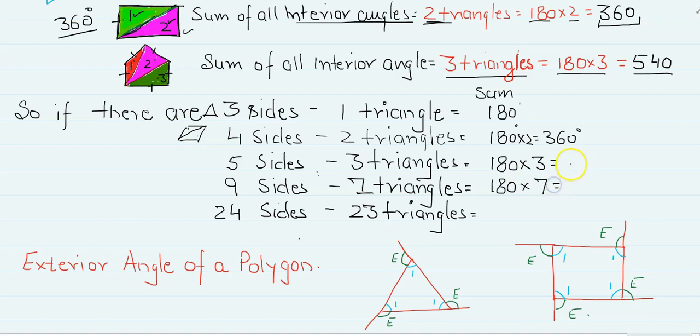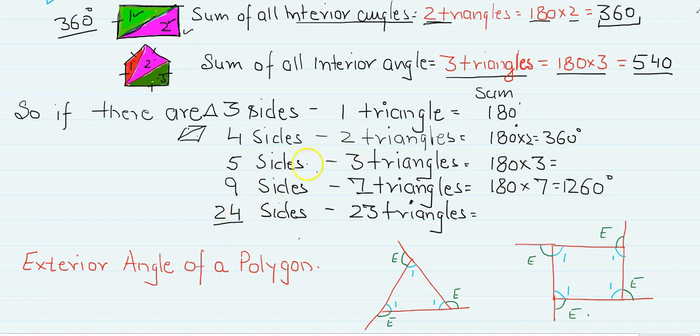So the sum of all interior angles of a polygon having 9 sides will be 180 multiplied by 7, that will be 1260 degrees.